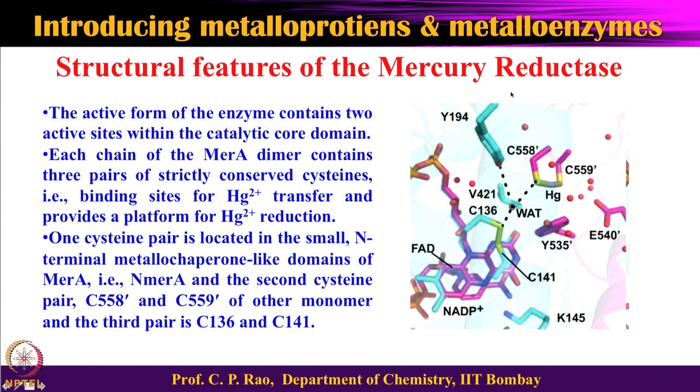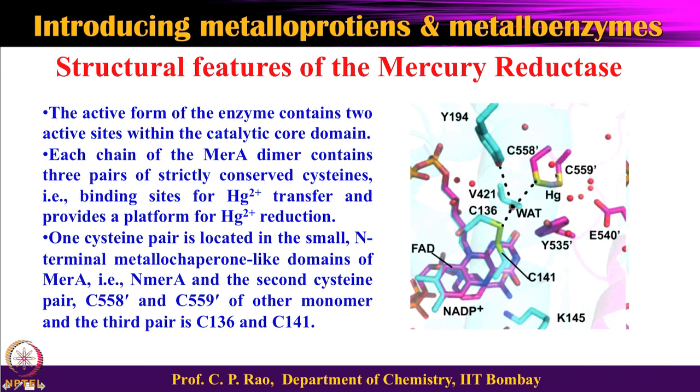So, initially the mercury ion is bound by that N terminal pair, which is called the N-terminal MerA part of it, and then it comes to the C 558 to C 559. How will it come?